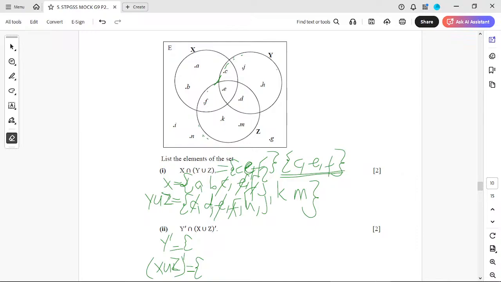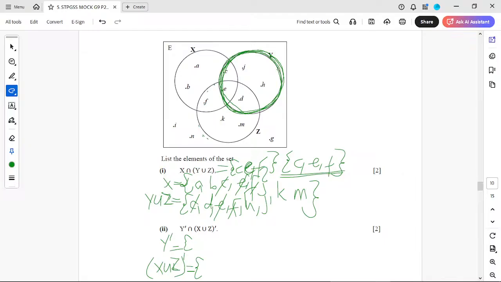So we come to Y complement. We are saying any element that is not in this area. Let me show you. Any element that is not in this set is a member of Y complement.